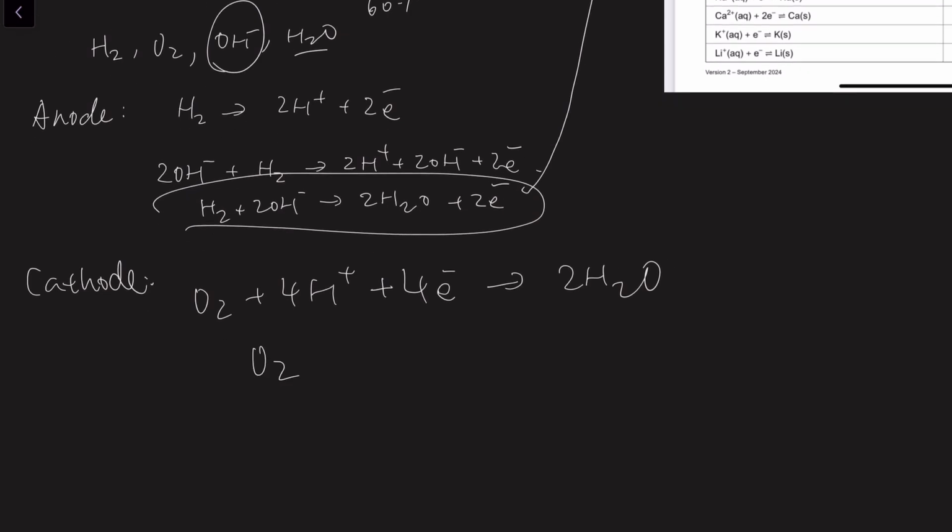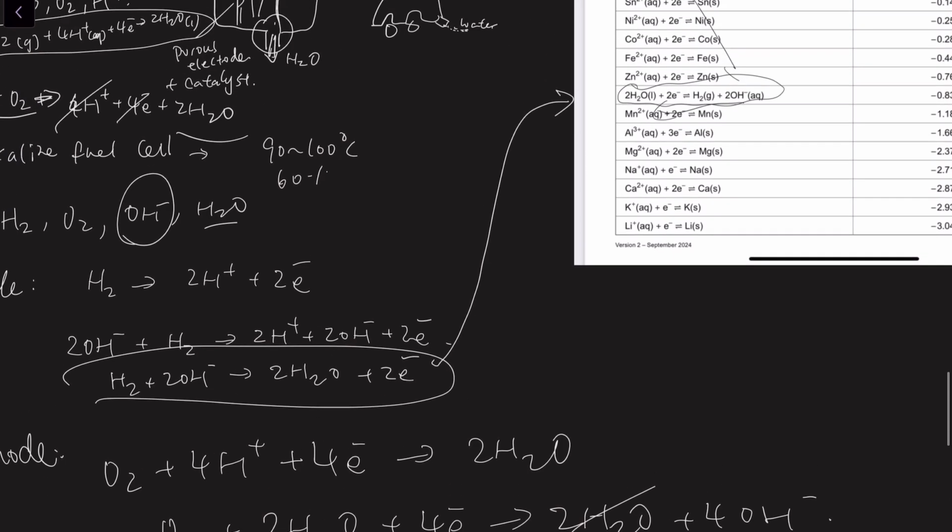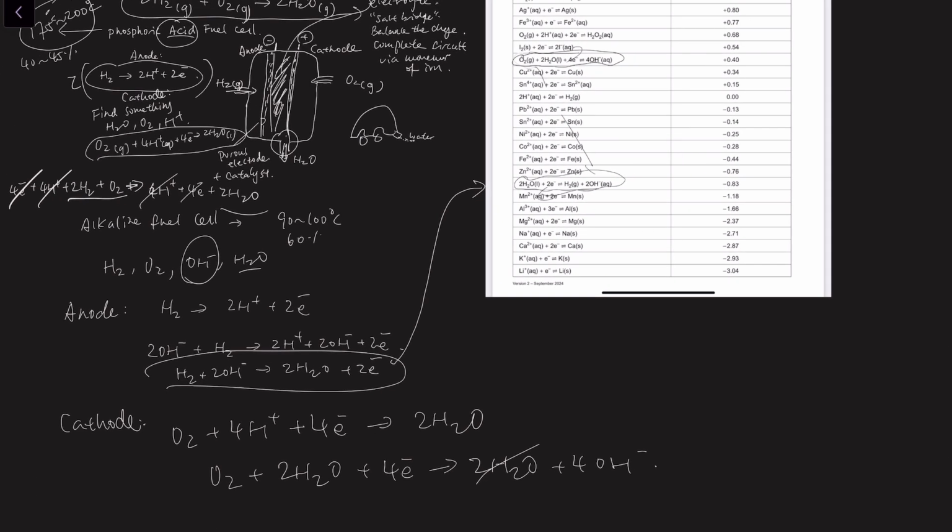Again, we balance the water by adding the OH ion to balance the hydrogen. These 2 cancel out and 4 becomes a 2. The charge is also balanced. And as you can see, this is exactly the same as this reaction.